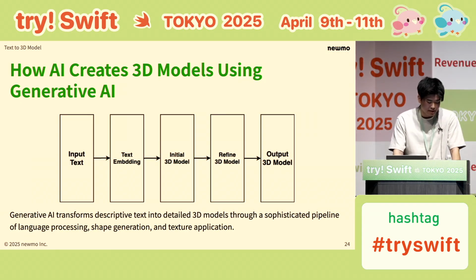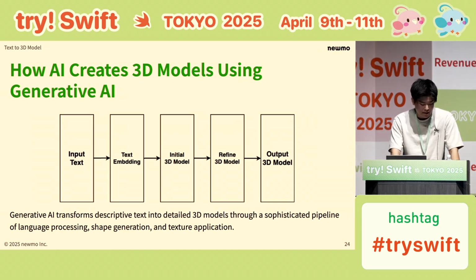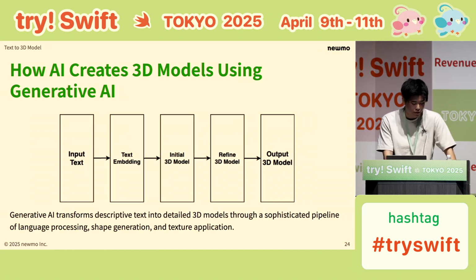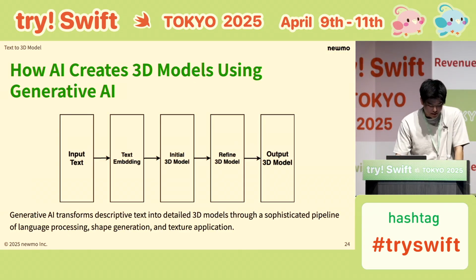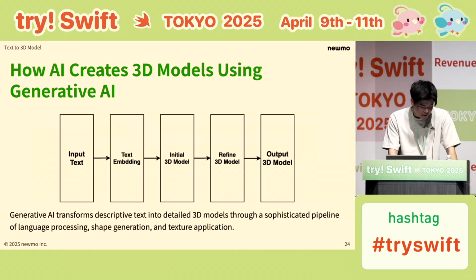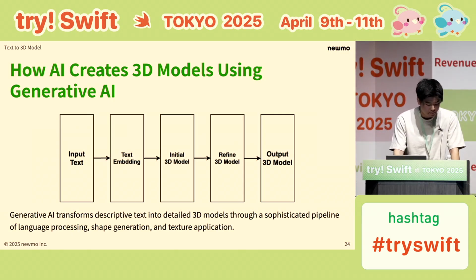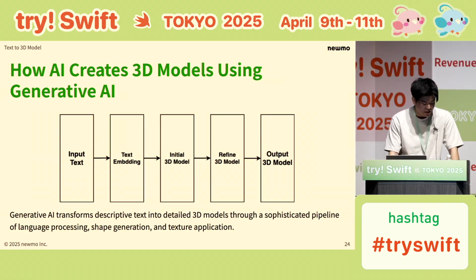This makes the first 3D model, but this first one may not look good. So then it is made better, step by step, improving the shape, details, and adding colors. Then the finished 3D model comes out.